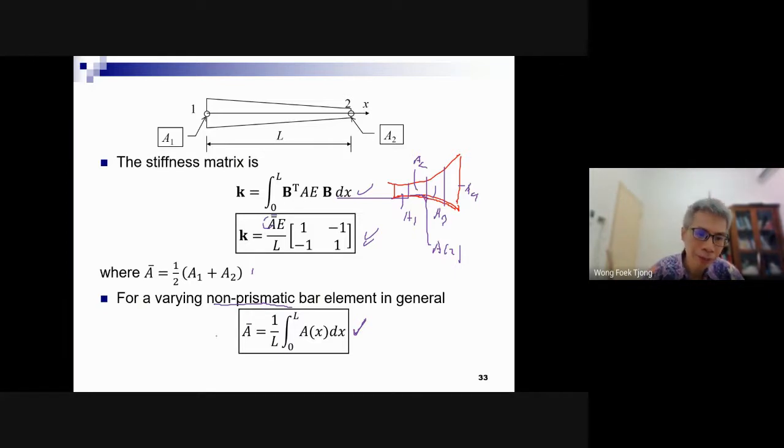Any questions regarding the stiffness matrix? Of course, you know that for a prismatic bar, the result is exactly the same as when we derived it when we talked about truss, right?